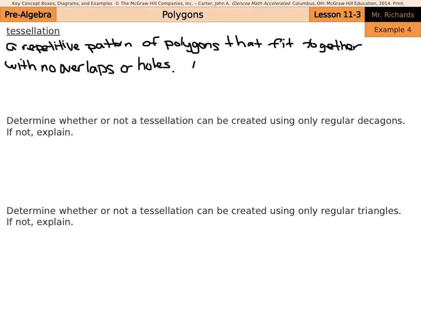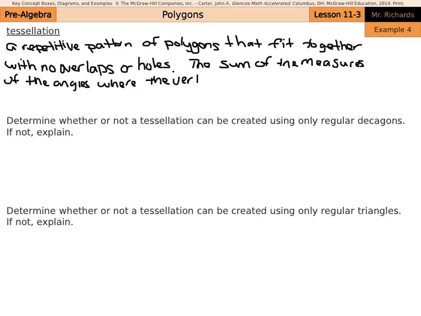The sum of the measures of the angles where the vertices meet in a tessellation is 360 degrees.